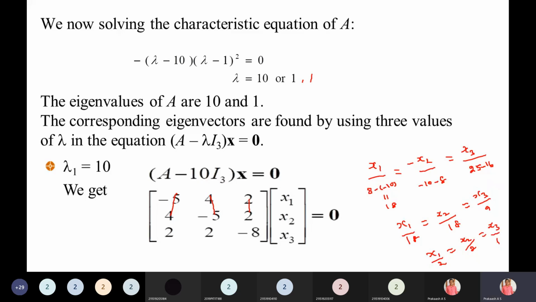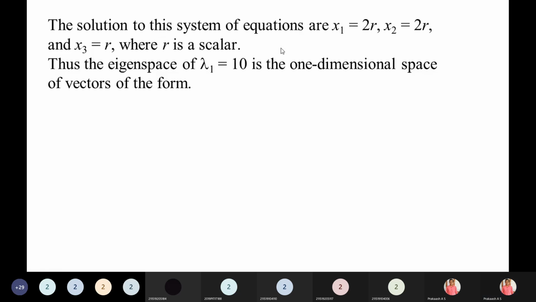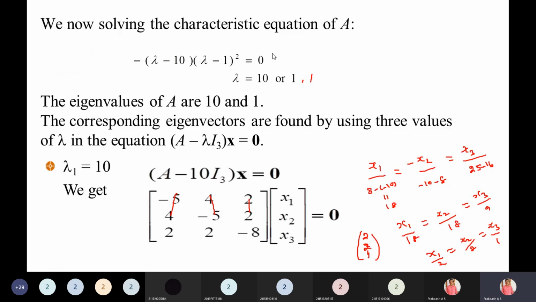This is 2, 2, 1. Okay, you will get many eigenvectors, but the simplest eigenvector is this; the others are multiples. So how are we getting x1, x1, 2r.